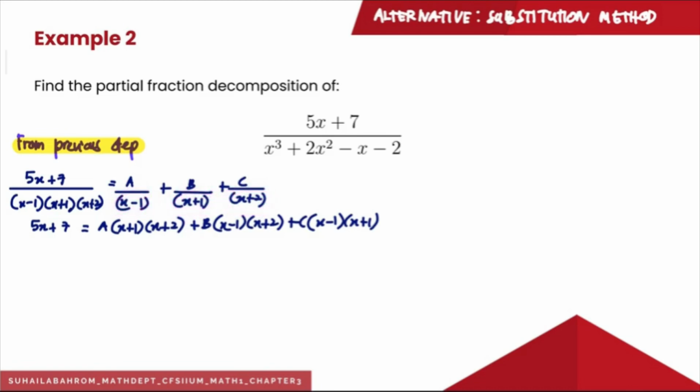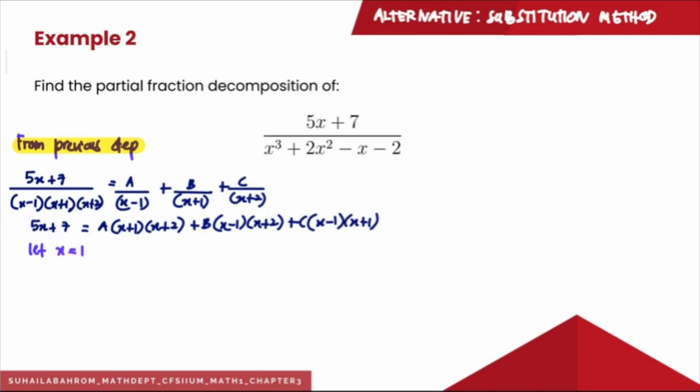In this case, the first one, we let x equal 1, because the zero for the first linear factor, x minus 1 equals 0, therefore x equals 1. Once you let x equal 1, we will substitute x equals 1 into this equation, on the left and also on the right side.